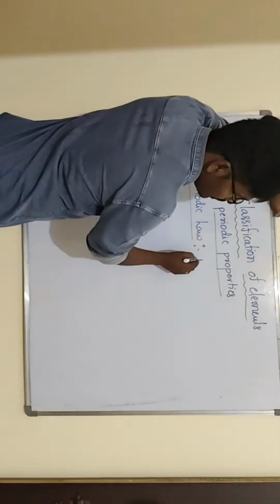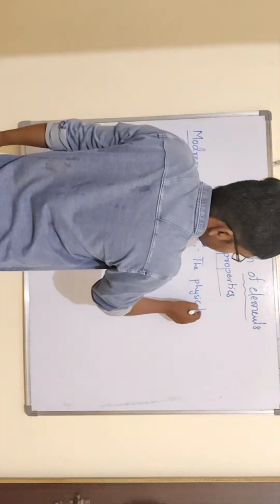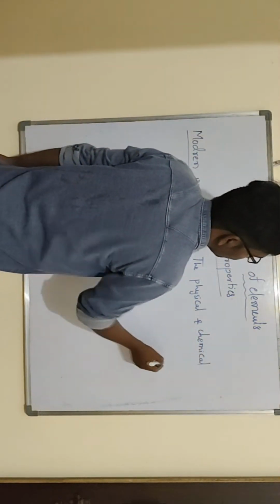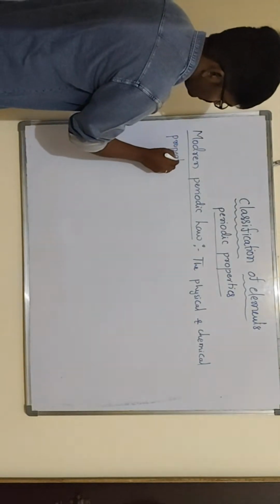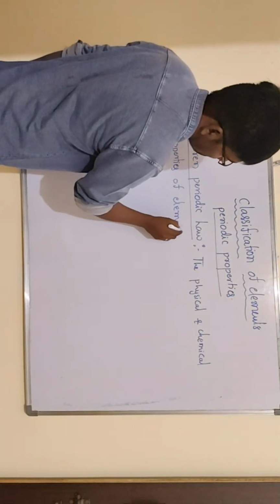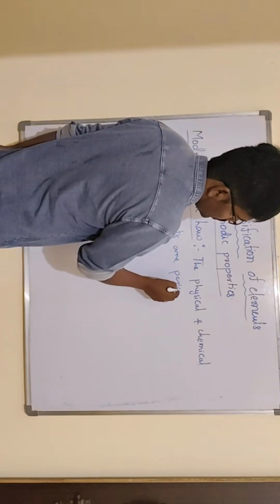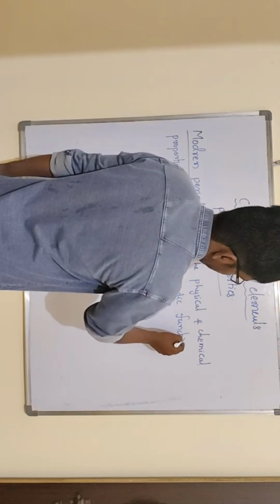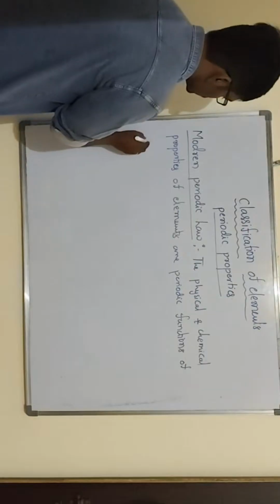The physical and chemical properties of elements are periodic functions of their atomic numbers.